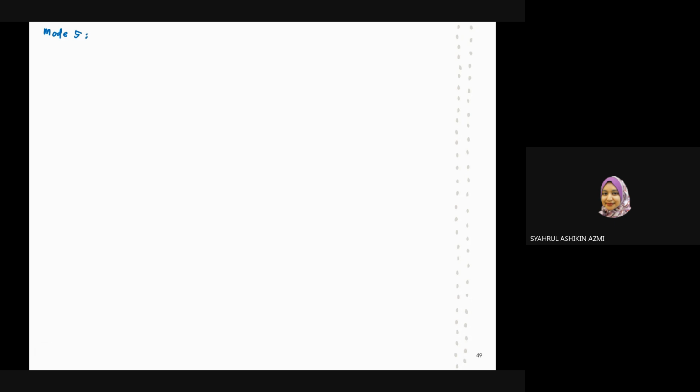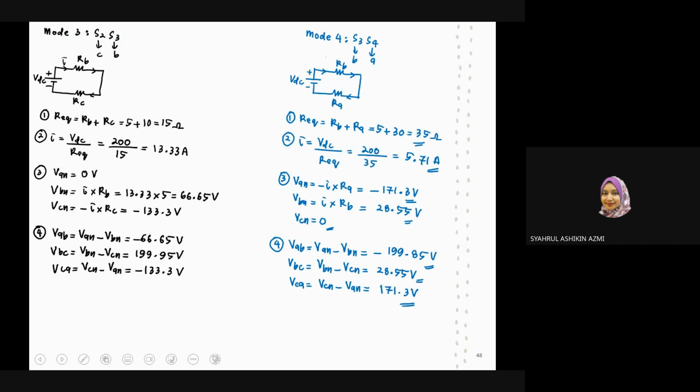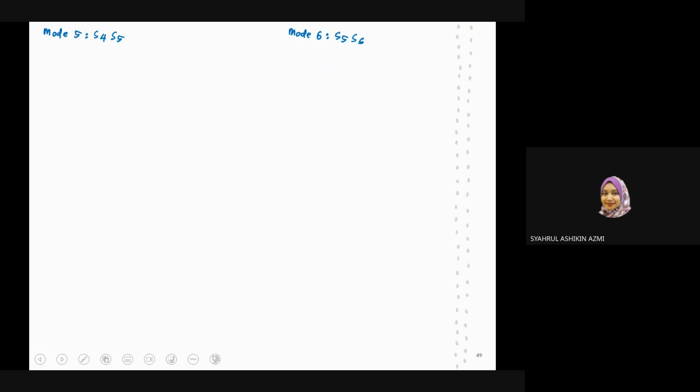Mode number 6 over here, S5, S6. You can fill in the blanks with your answers for mode number 5 and mode number 6.